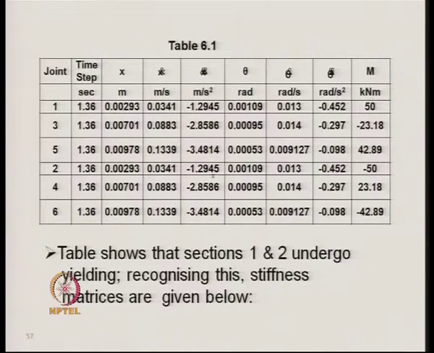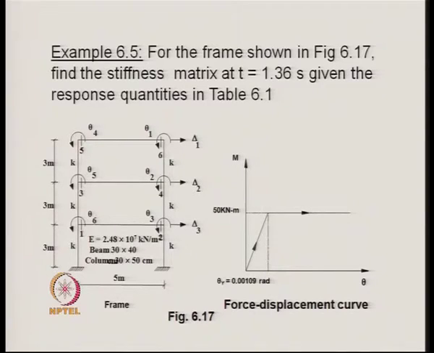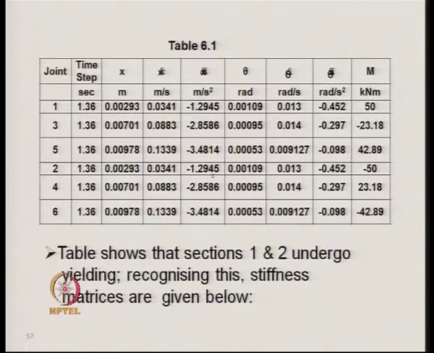So, these displacements are the displacement corresponding to the delta 1, delta 2, delta 3, and since in the left hand side and the right hand side these displacements are the same, that is if we assume the members to be inextensible, then those displacements are repeated over here: 0.00293, 0.00701 and 0.00978. Mind you, this is the top displacement, this is the middle story displacement, and this is the bottom story displacement.